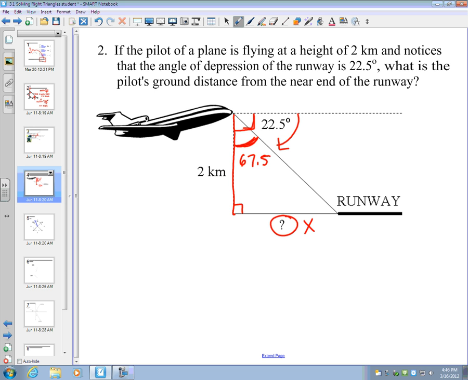I'm going to call that x. So I have an angle. I want to know the opposite, and I know the adjacent. So I can say tan 67.5 is equal to x over 2. Solving for that, I can find that x is equal to 4.83. My units are kilometers.